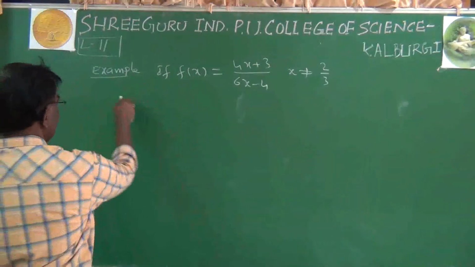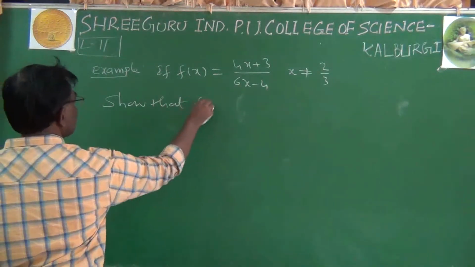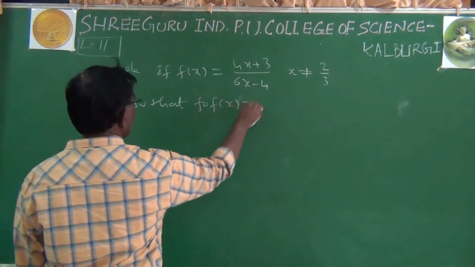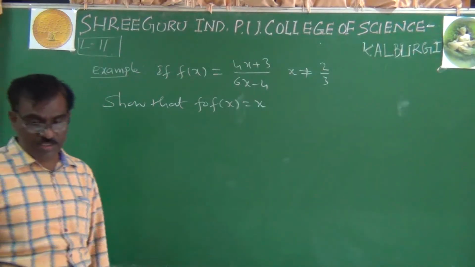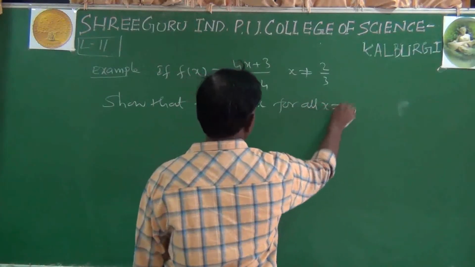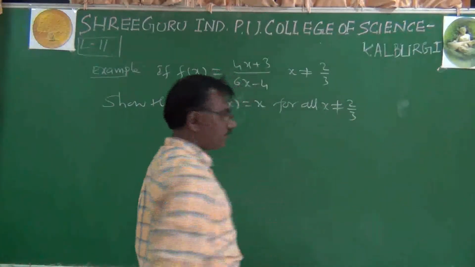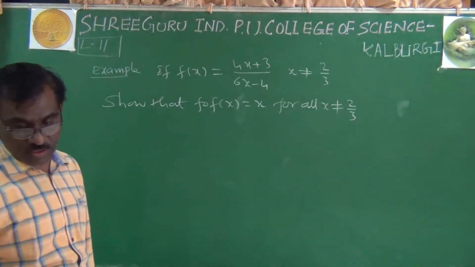Show that f composition f of x is equal to x for all x not equal to 2 by 3.